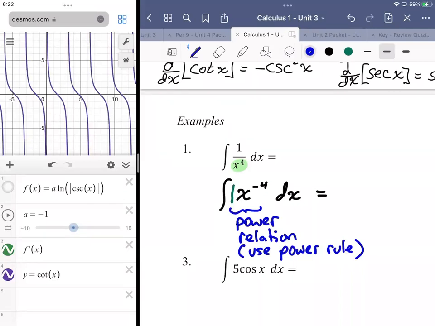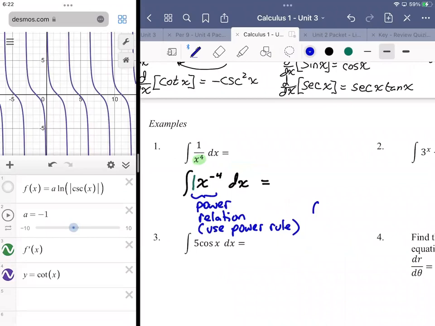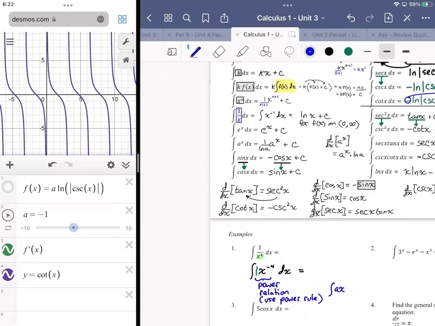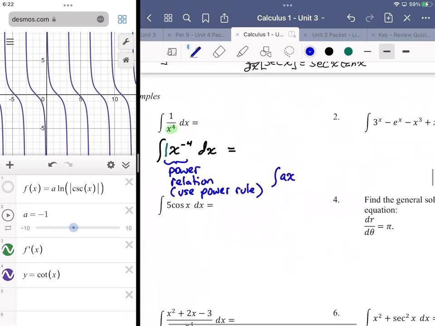So whether you're going by the actual rule, that power rule is the antiderivative of ax to the n dx, which would be equal to a over n plus 1, x to the n plus 1, plus c.